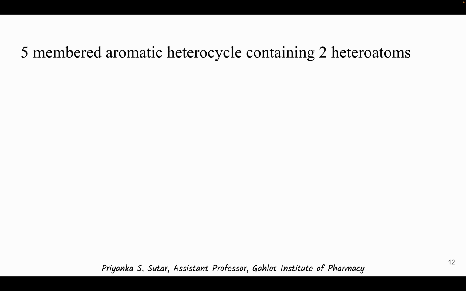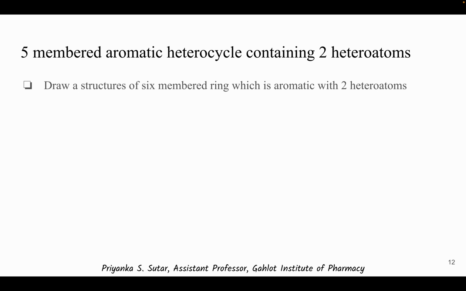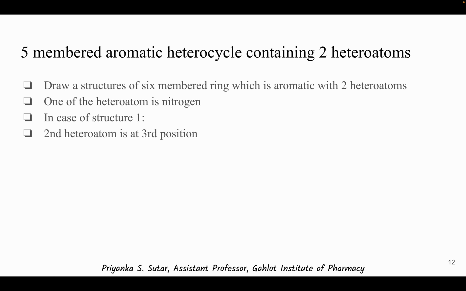Okay, so draw a 6-membered ring which is aromatic with 2 heteroatoms. You can pause the video and write the structure. Okay, and one of the heteroatoms is nitrogen. In this structure, the second heteroatom is at the third position.